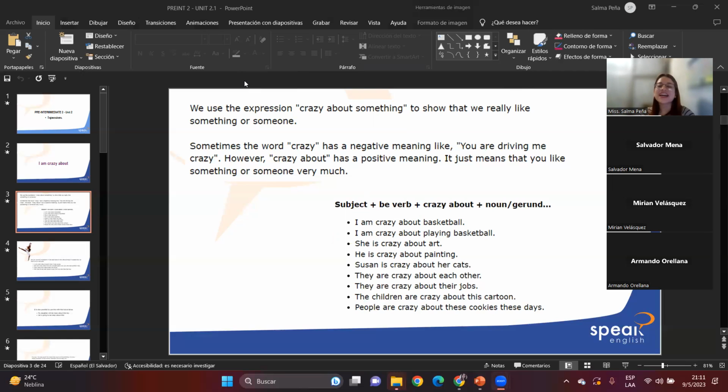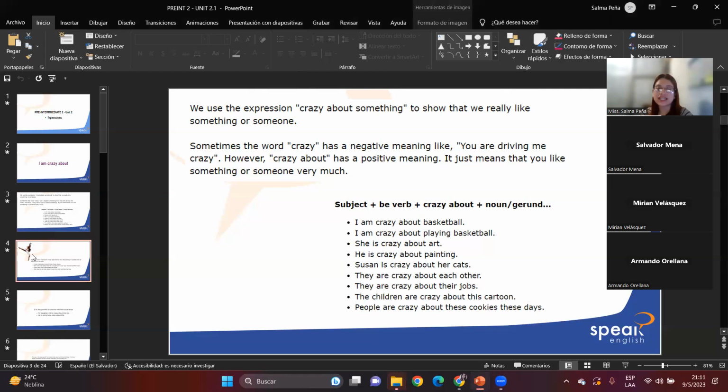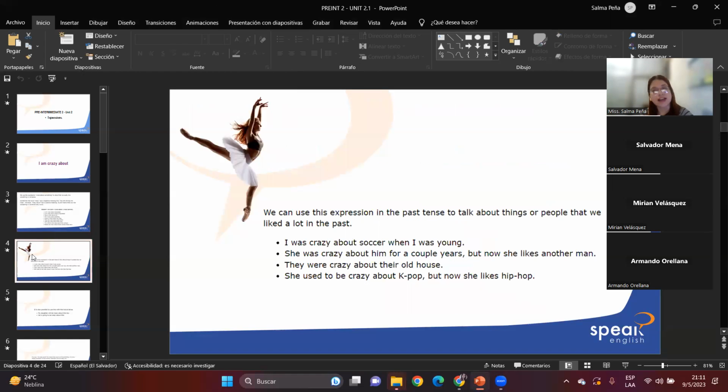Okay. So guys, the expression crazy about can be used in present, like positive statements. And you also can use it in past. We can use this expression in the past tense to talk about things or people that we liked a lot, but in the past.